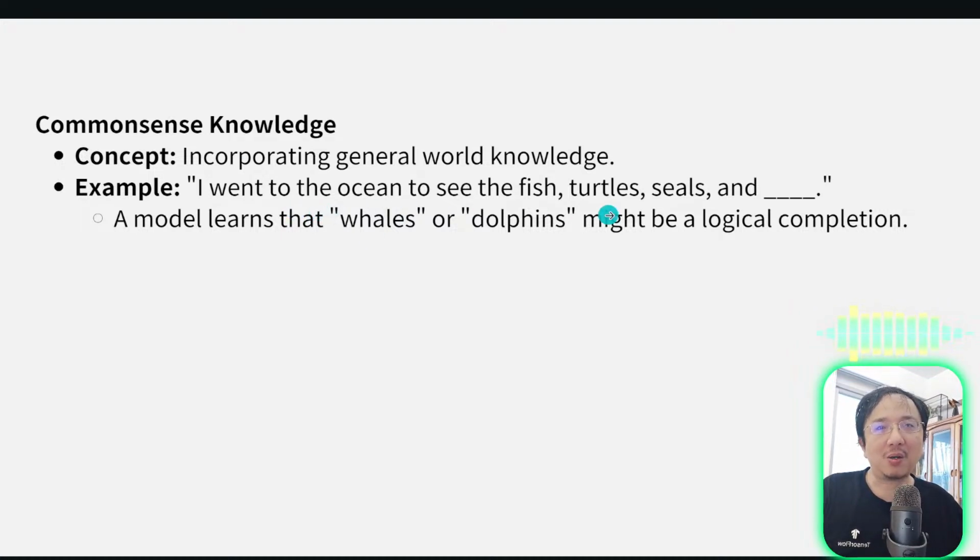In a more regular or common way to finish this sentence, because all of these things are animals living inside the ocean, you will know that the most logical completion should be some kind of creature living inside the oceans, like whales or dolphins, something that you will see a lot. It might not be something so rare or difficult. So whales and dolphins are probably the ideal choices.